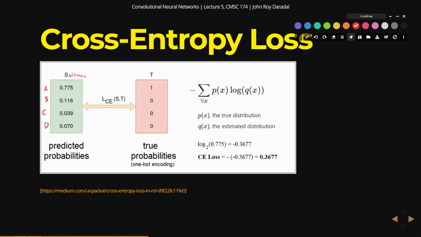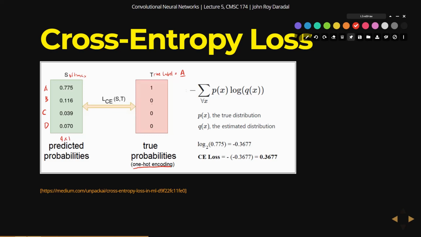Okay, so these are already probabilities that we have. Now our true label is A, and instead of just having A, we can encode this using something called one-hot encoding. So for one-hot encoding, since our output here is a 4x1 vector, right?